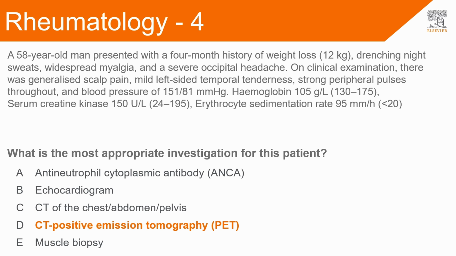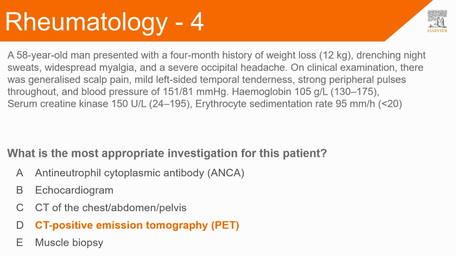What about CT PET scan? What about a CT chest abdomen pelvis? Now that's relatively common. If you thought this was something like a solid tumor or a lymphoma, or that there was metastasis somewhere, that could be a relatively reasonable suggestion if you're thinking about the constitutional B symptoms this patient has.